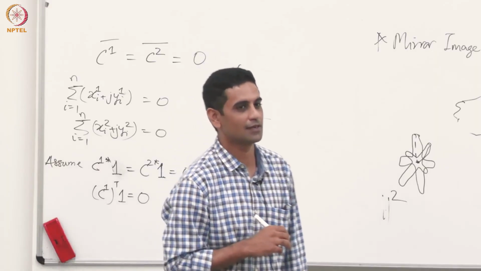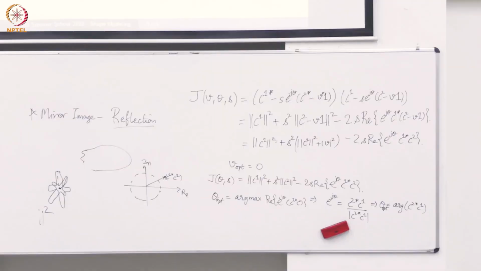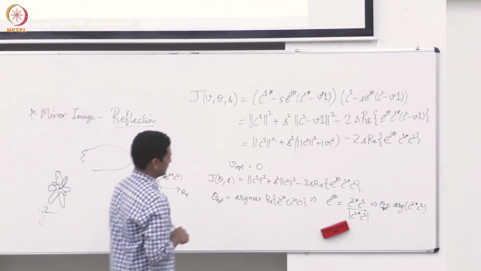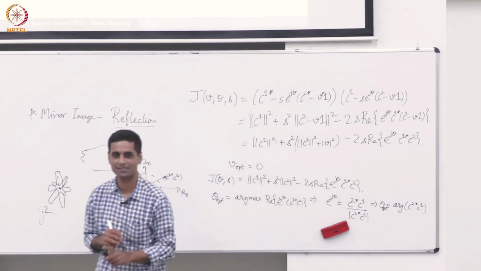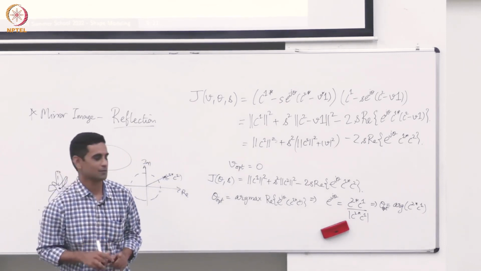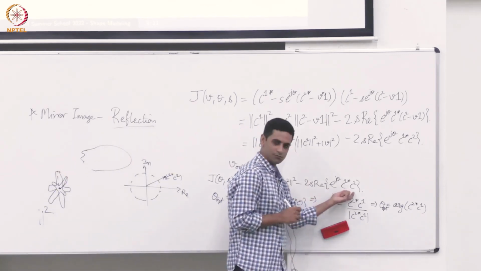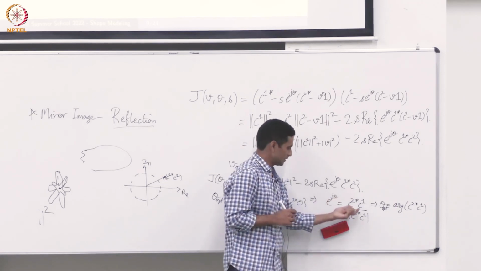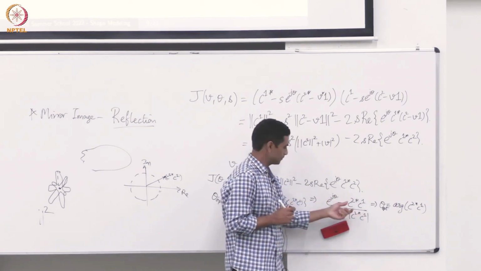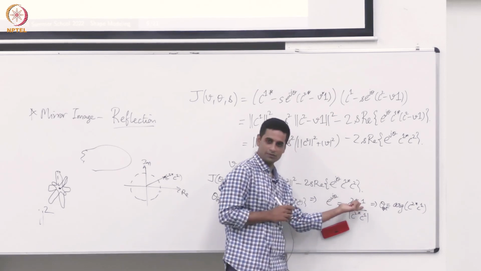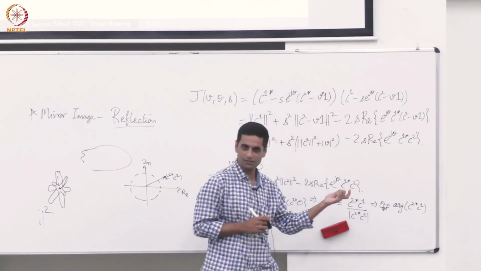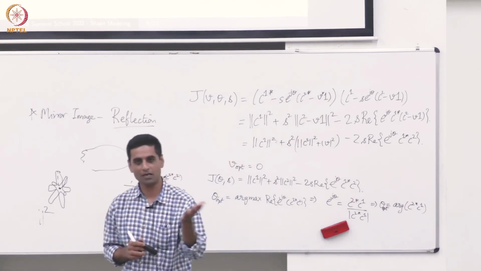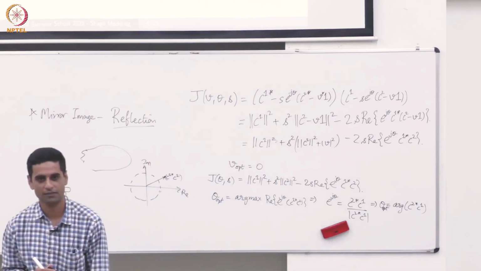Yes. No, this has to be C2 star C1. Cannot be C1 star C2. Because this is one complex number. Forget the denominator for now, right? If this were to be C1 star C2, this would be just the square of that complex number. That would have a real part as well as an imaginary part.